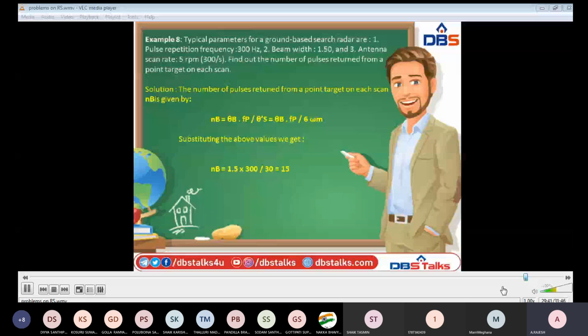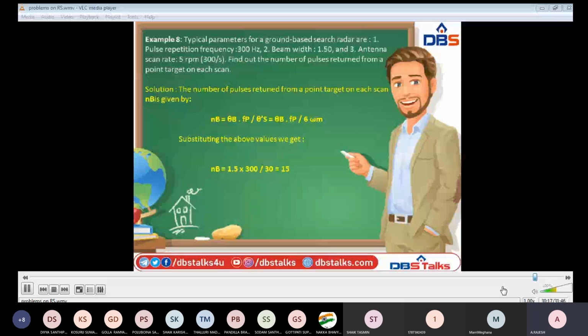Substituting the above values: theta B is the beam width, 1.5, into the pulse repetition frequency, 300 Hz, divided by the scan rate, which gives 15.